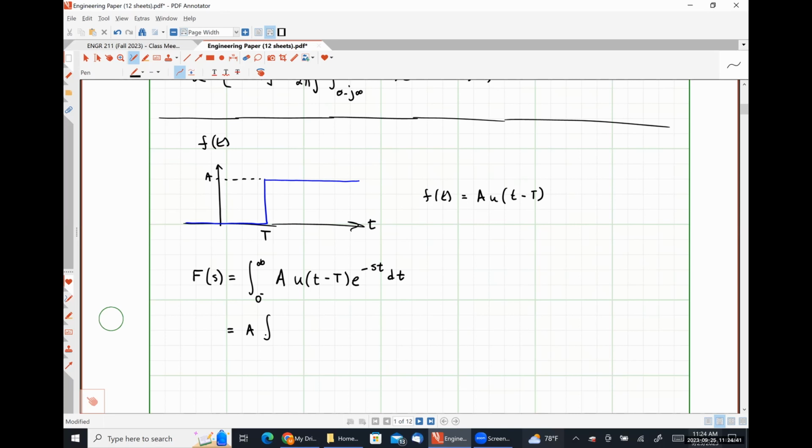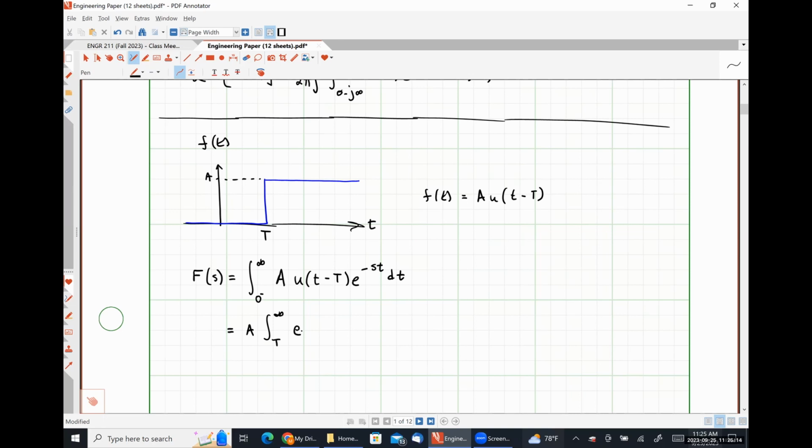So realistically, we only actually need to start integrating at capital T. What does u of t minus capital T look like over this interval? Just 1, okay? So we can treat u of t minus capital T as literally just the number 1.